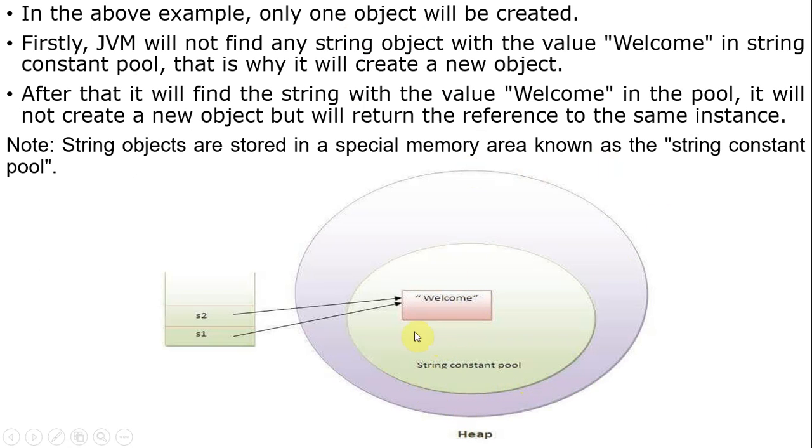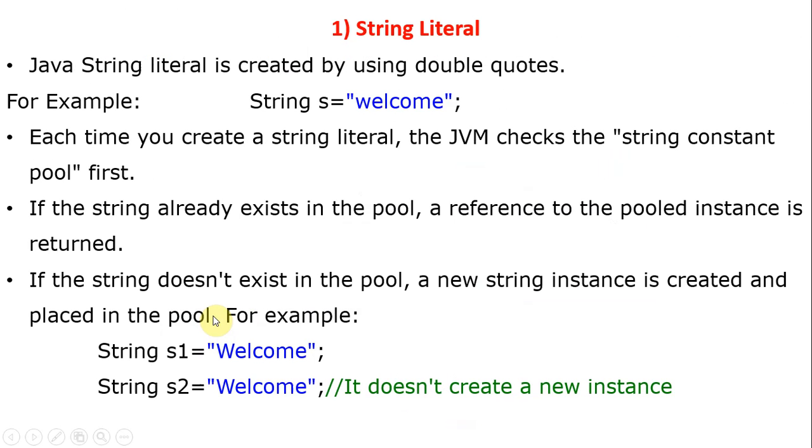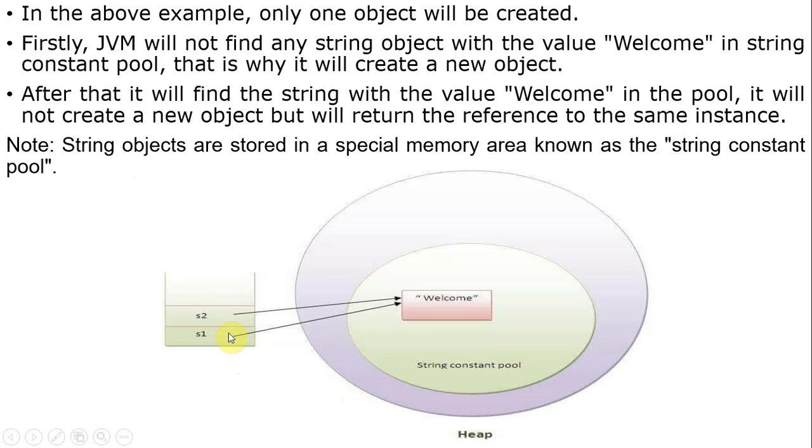If the literal welcome is already there in the string constant pool, the JVM just returns the reference to s2, that's all. That means s1 is already pointing to welcome, and the JVM checks whether welcome is already there in the string constant pool.